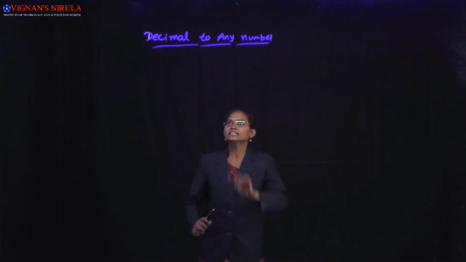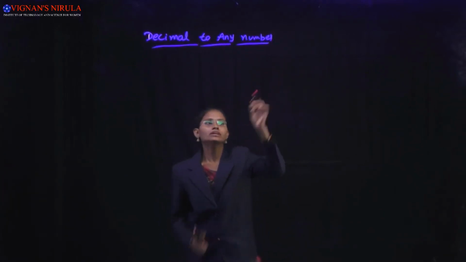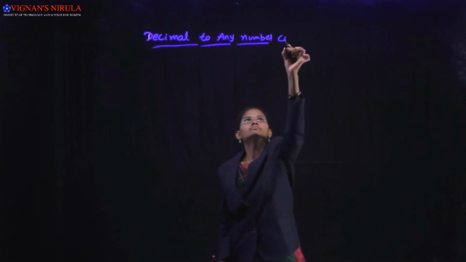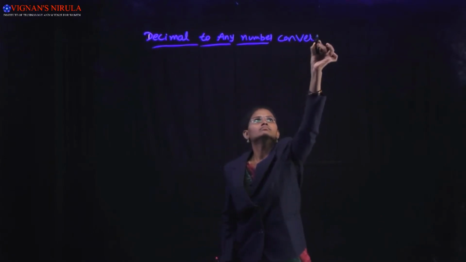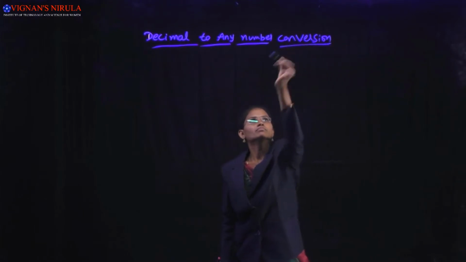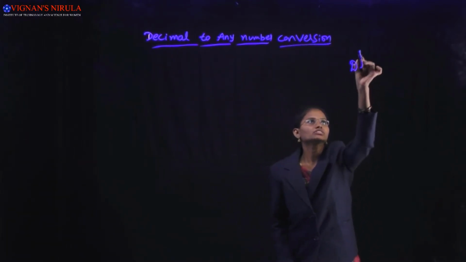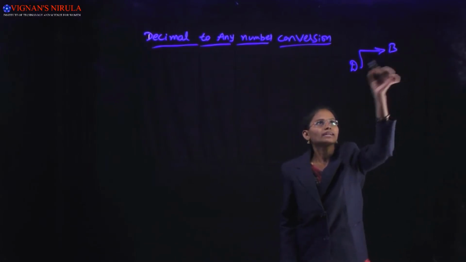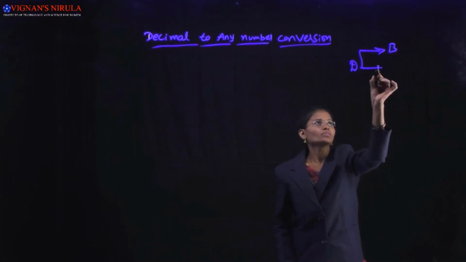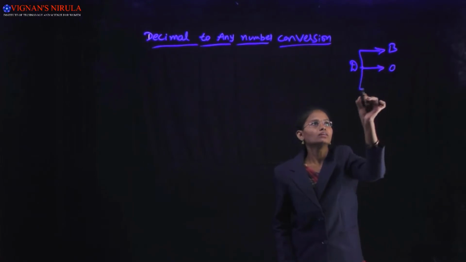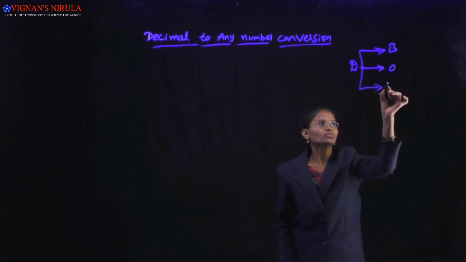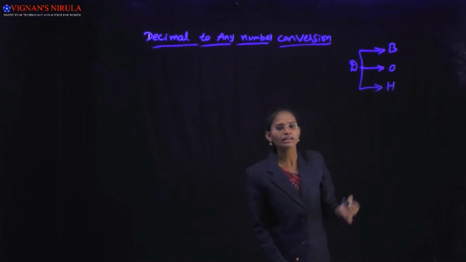Next topic is decimal to any number conversion. Here, any number means the conversion is either decimal to binary, decimal to octal, or decimal to hexadecimal conversion.